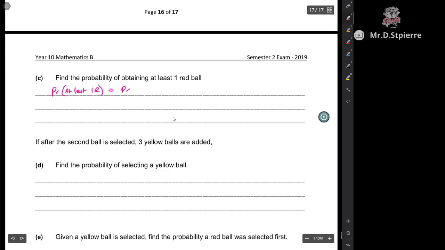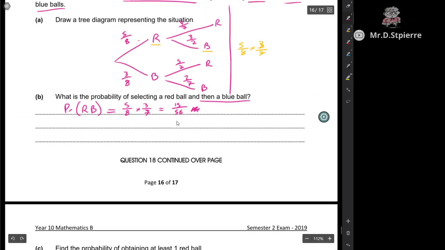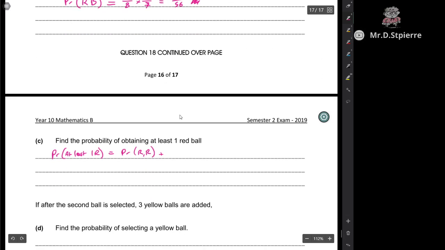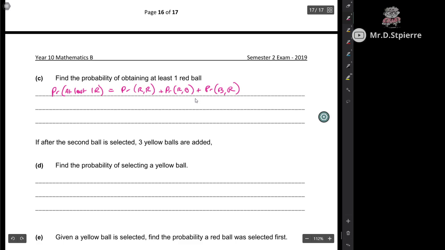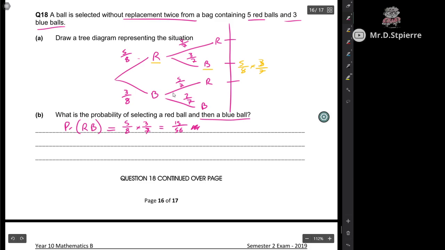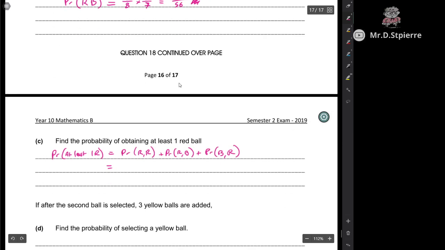That is equal to the probability of red red plus the probability of red blue plus the probability of blue and then getting a red, which is this combination, this combination, this combination. So you could find all of those, and I'm going to show you a shortcut in a second that's even quicker.